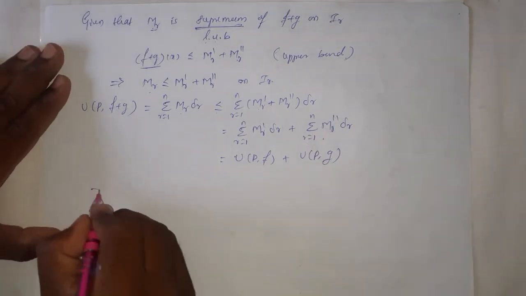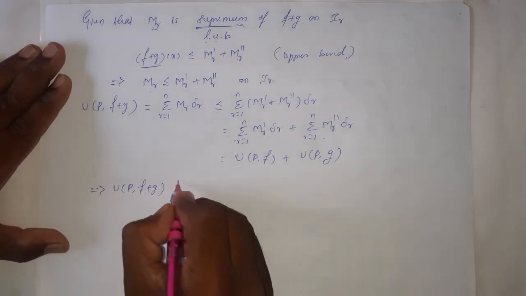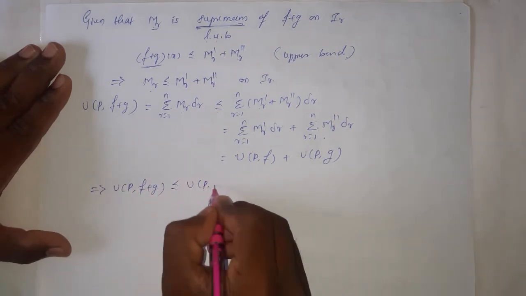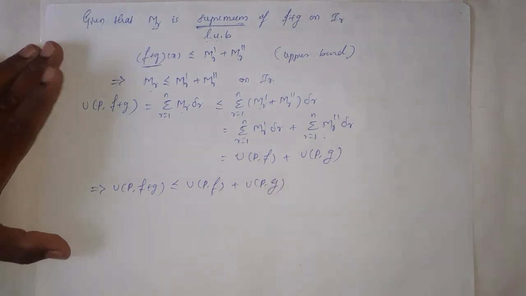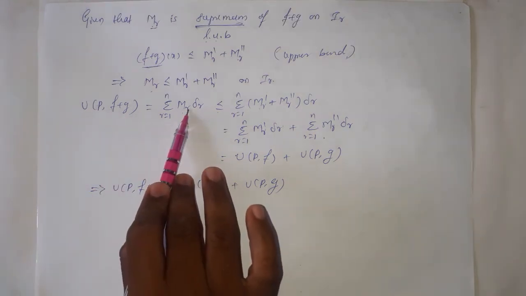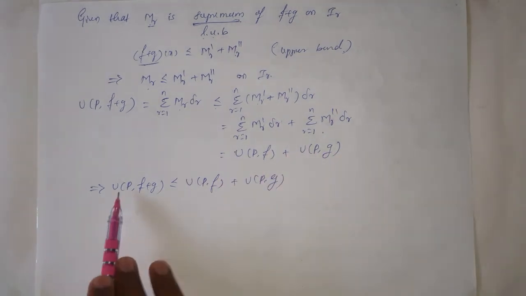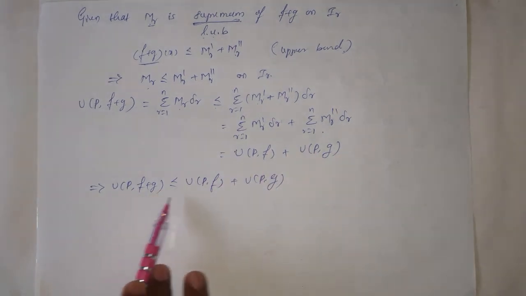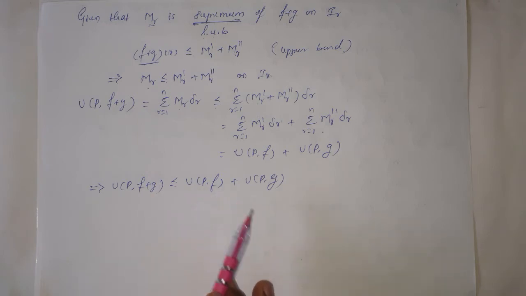Therefore, it implies that UP f plus g is less than or equal to UPf plus UPg, because this is the upper Riemann sum of f plus g and this is less than or equal to this value.